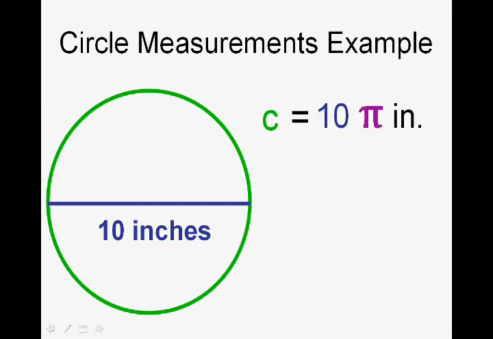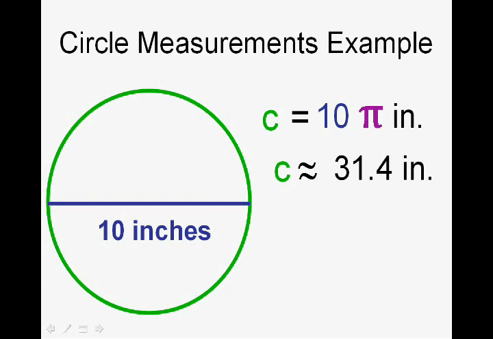Now, if I ask for an approximation, a usable number, that approximately equal to symbol there tells you I want an approximately equal usable number. So I would take an approximation for pi, which is 3.14, and then multiply it by the 10, and that's easy to do here. And I would find out that it's 31.4 inches around that circle, the circumference of the circle.